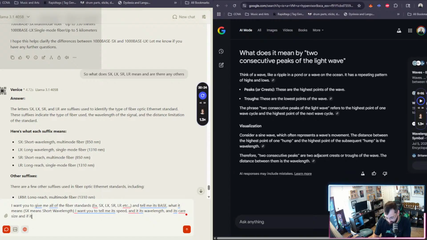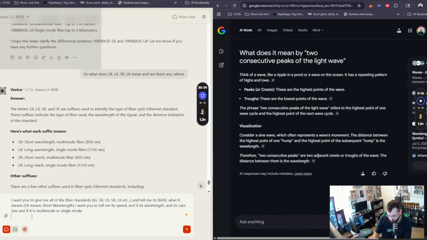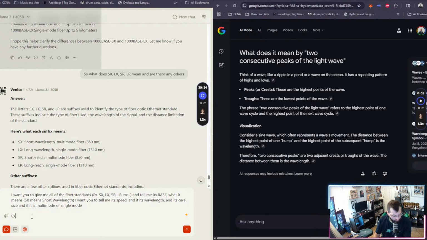And if it is multi-mode or single mode. Example, because I don't want to jack around with this.